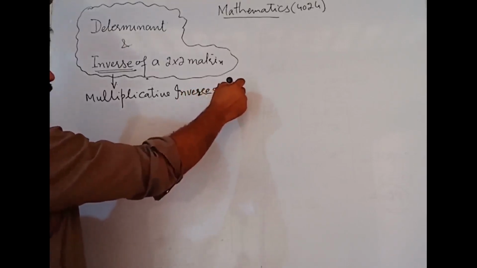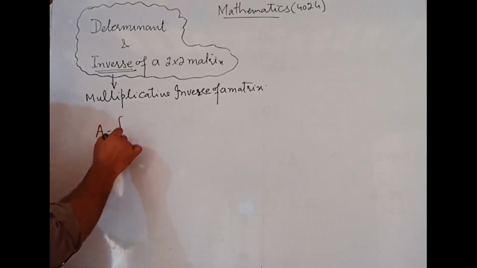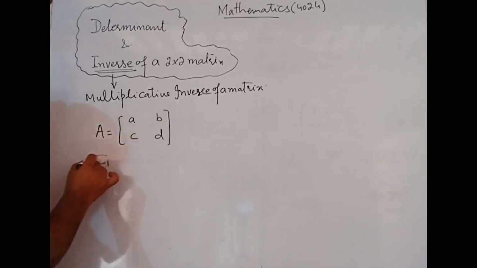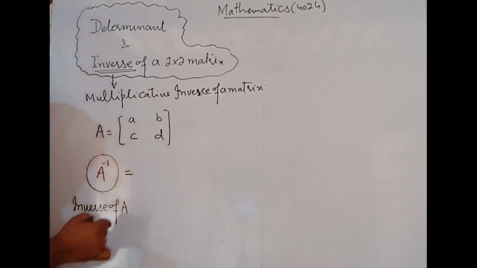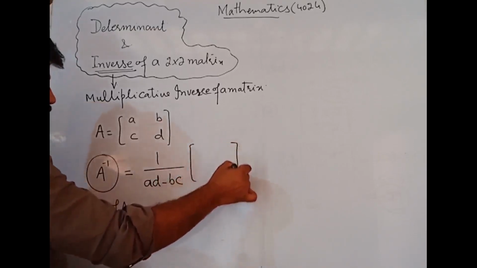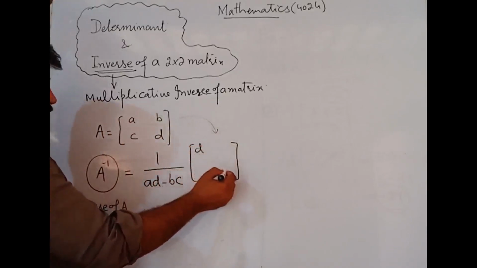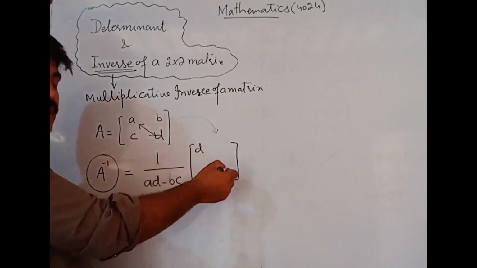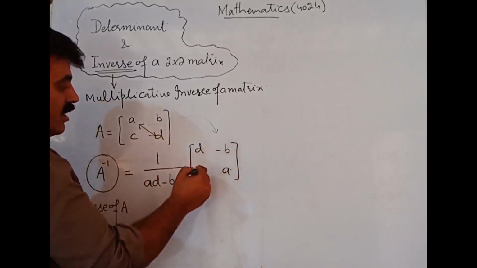If there is a matrix A, B, C, D, then A inverse has the formula 1 over AD minus BC into a matrix. This matrix is derived from the original matrix, but D and A exchange their positions, and B and C change their signs: minus B and minus C.